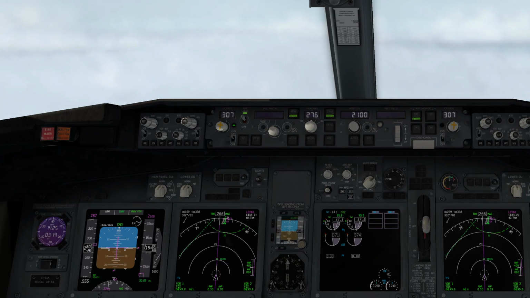So we will soon reduce the speed, so to meet 250 speed restriction at 10,000 feet.